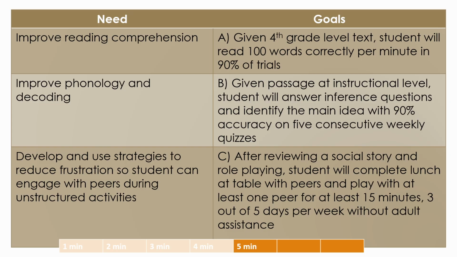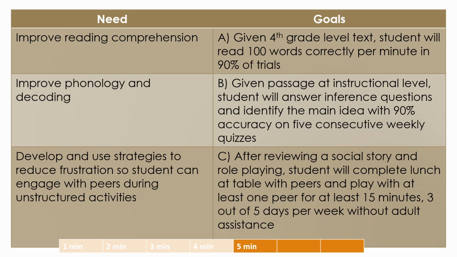If the child needs to work on phonology and decoding, I might look at a goal like, given a 4th grade level text, the child will read 100 words correctly per minute in 90% of trials. So that word reading accuracy could be an indicator of improvements in phonology.